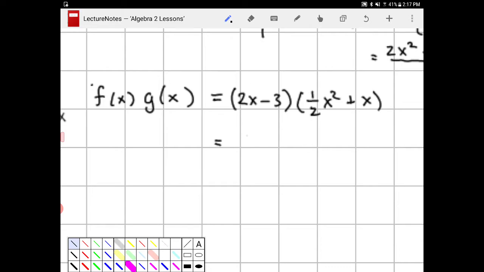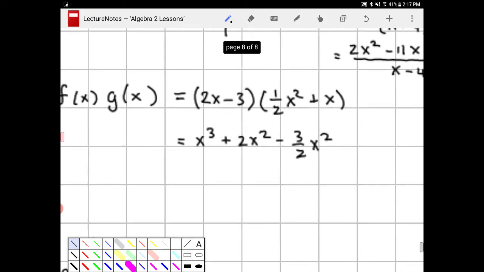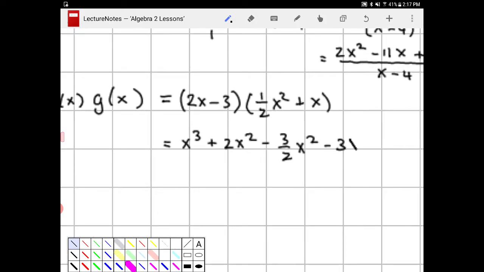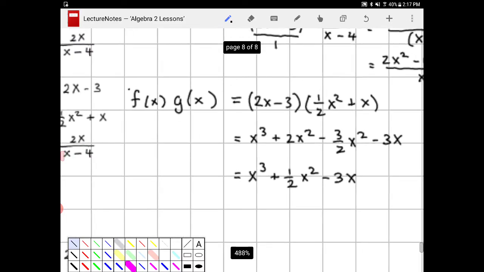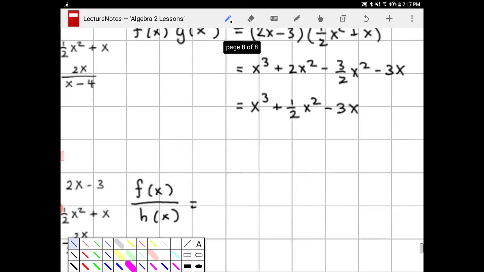So 2x times 1/2 x squared is x cubed. 2x times x is plus 2x squared, minus 3/2 x squared, minus 3x. Combine like terms, I get x cubed. The positive 2 and negative 3/2 gives me positive 1/2 x squared, minus 3x. That's the product.